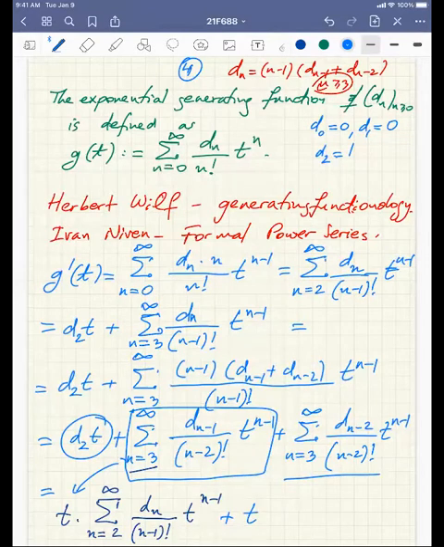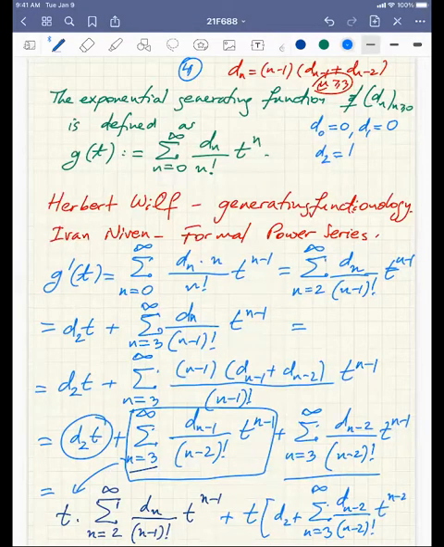I will take t as a common factor, and I will have d_2 plus summation from n equals 3 to infinity of d_(n-2) over (n-2) factorial, t^(n-2). When n equals 2, this is good.